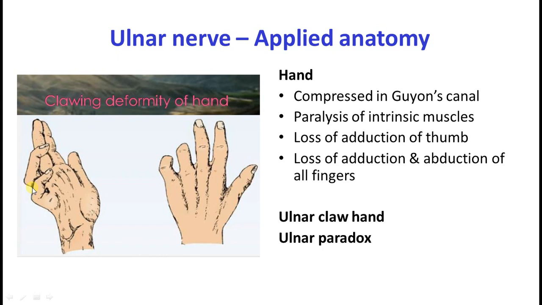Otherwise you get a very typical ulnar claw hand. So the higher the injury, the less pronounced is the ulnar claw hand deformity, which is called the ulnar paradox. No loss of sensation again because the superficial branch is given at a higher level, even the dorsal cutaneous branch is given at a higher level.